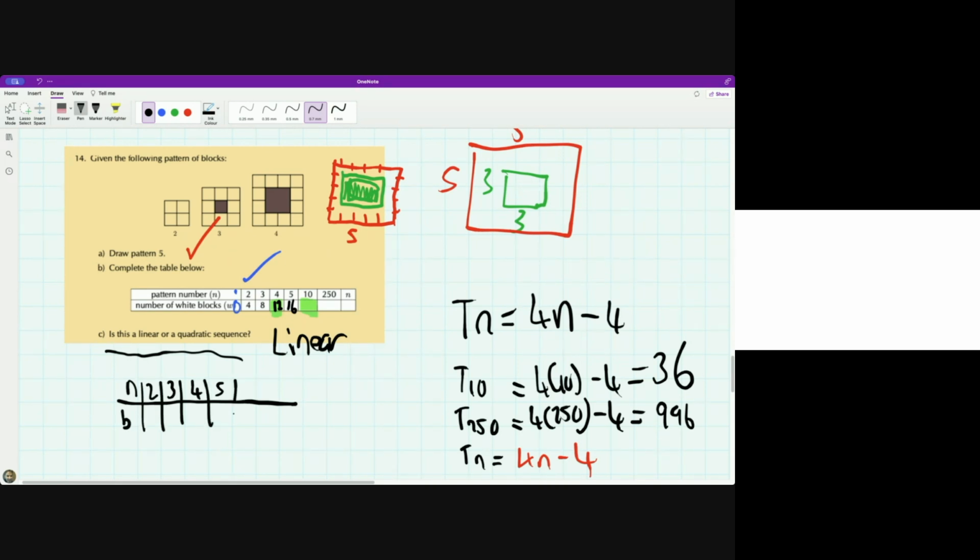How many black blocks are there for pattern 2? There are no black blocks. How many black blocks are there for pattern 3? There is 1. How many for number 4? There's 4. How many black blocks are there for pattern number 5?